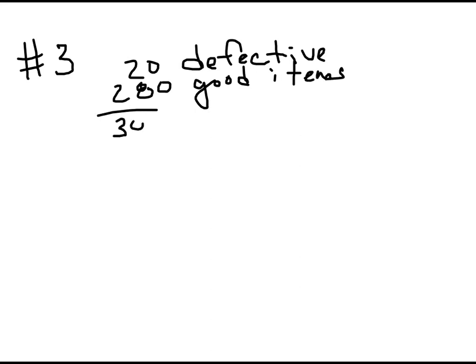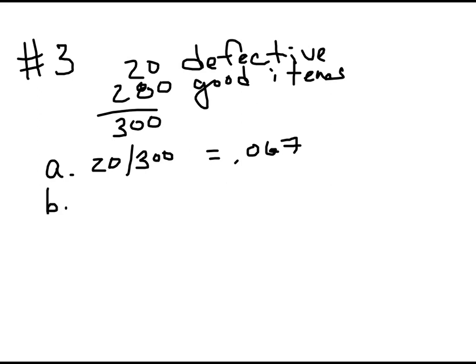So there are a total of 300 items altogether. So question A. What is the probability that a randomly selected item is defective? So we have 20 out of the 300 items that are defective, which gives us a probability of 0.067.